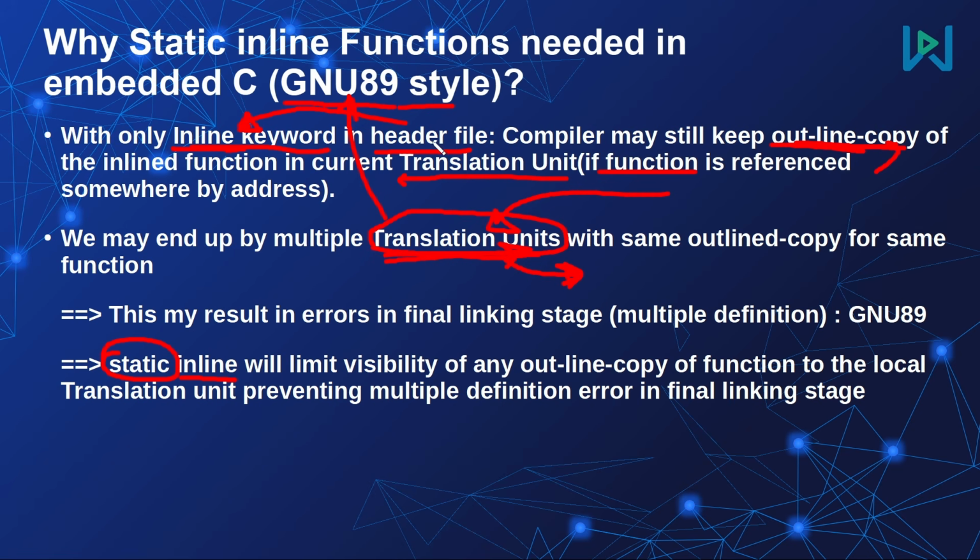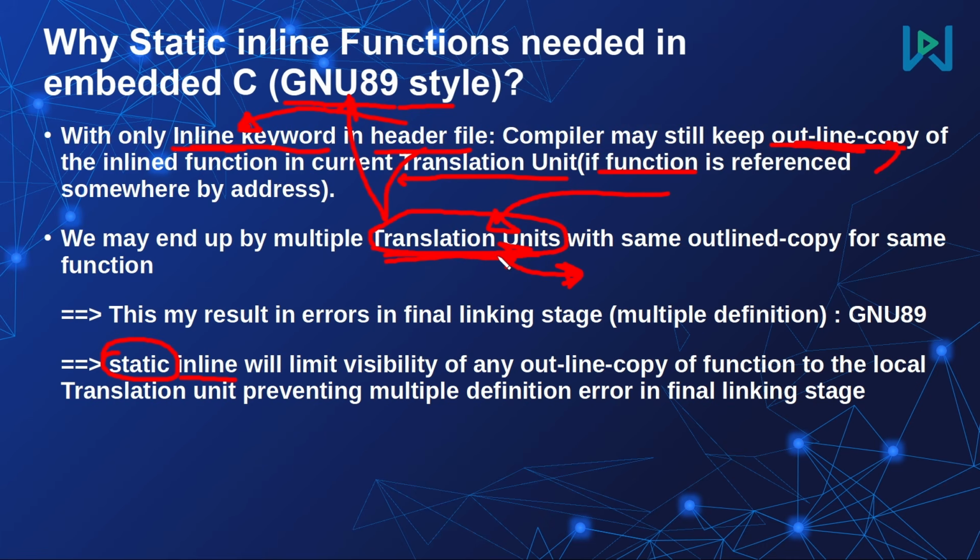So even if this header file is included in multiple translation units, in each of those translation units, this outlined copy of our function will have local visibility only within the context of a single translation unit.